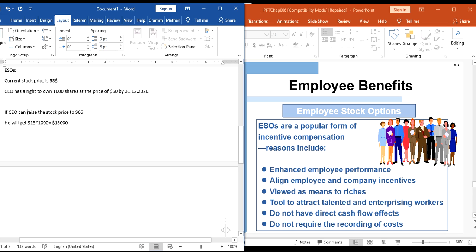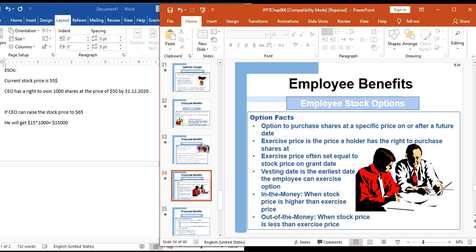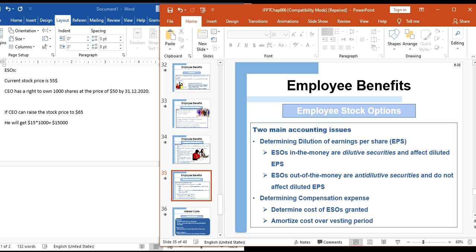But if he doesn't exercise this option and the stock price was only 50 or less, so the CEO will not exercise this option, and that cost will not be incurred by the company. Okay, so this should be recognized as a cost when it occurred. Okay, so here are the facts and details about what I just explained to you.